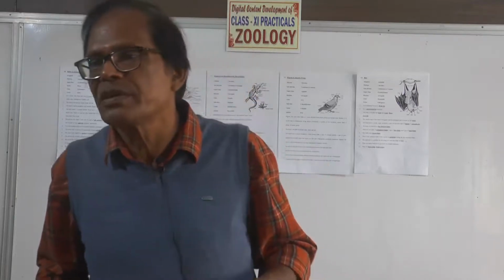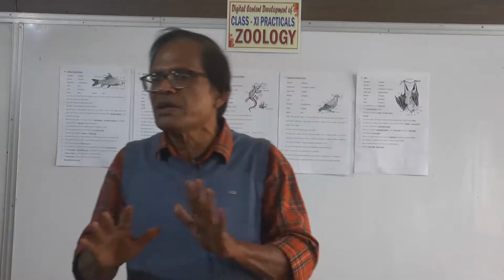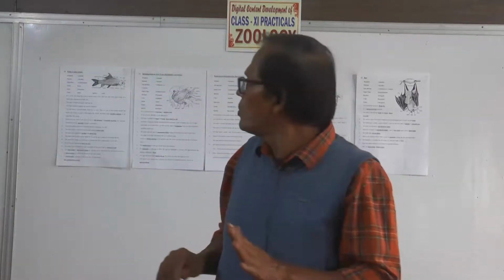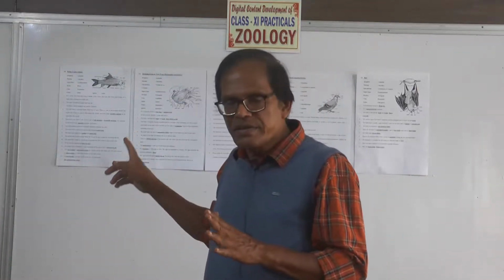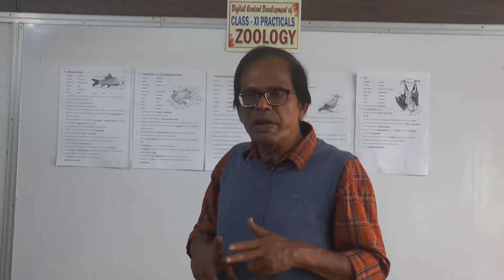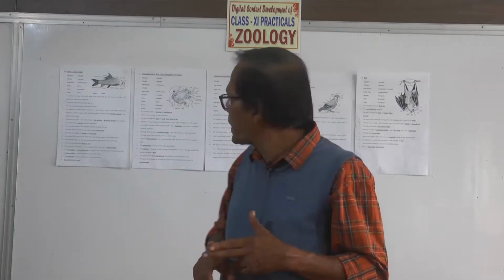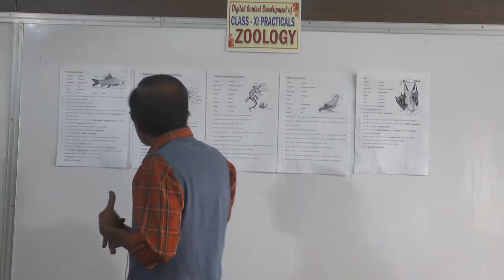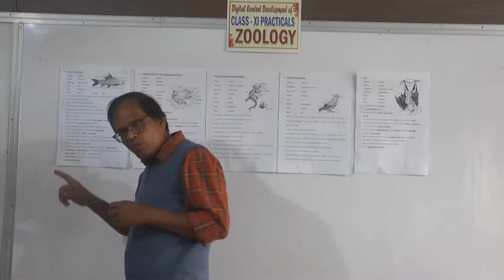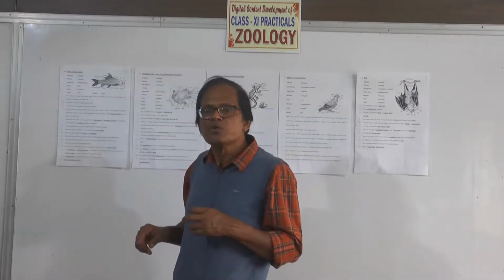Why are they not fishes? Because they do not possess paired fins. Pectoral fins and pelvic fins are not present. While in fishes, the pectoral fins and pelvic fins are present, along with the median fins.